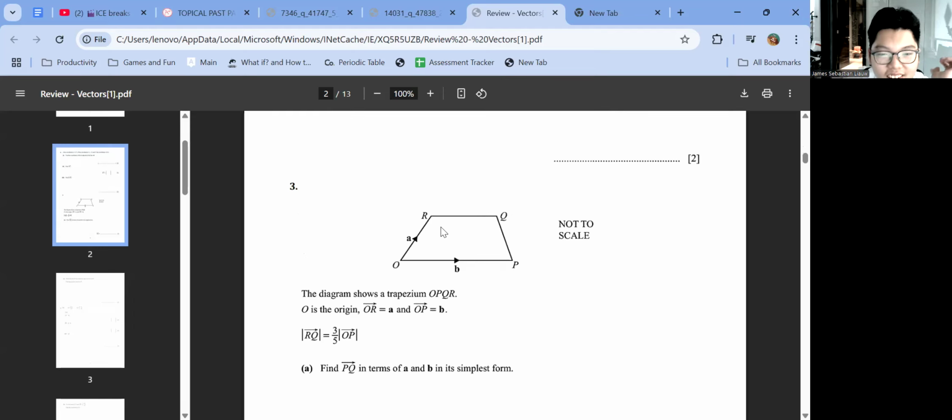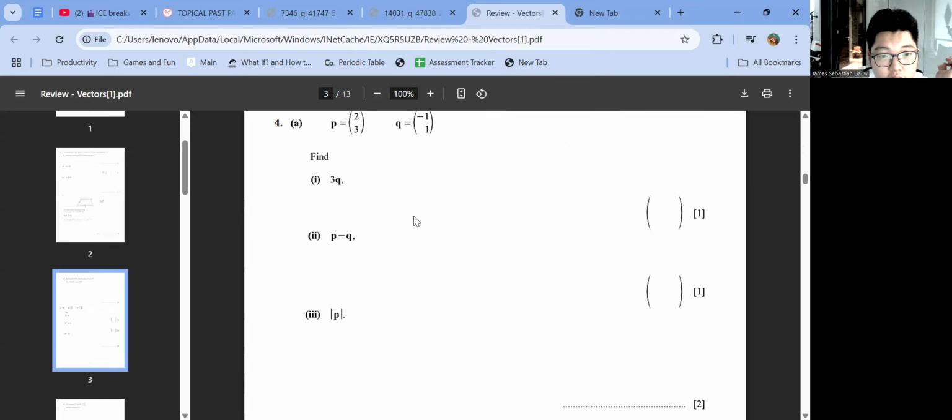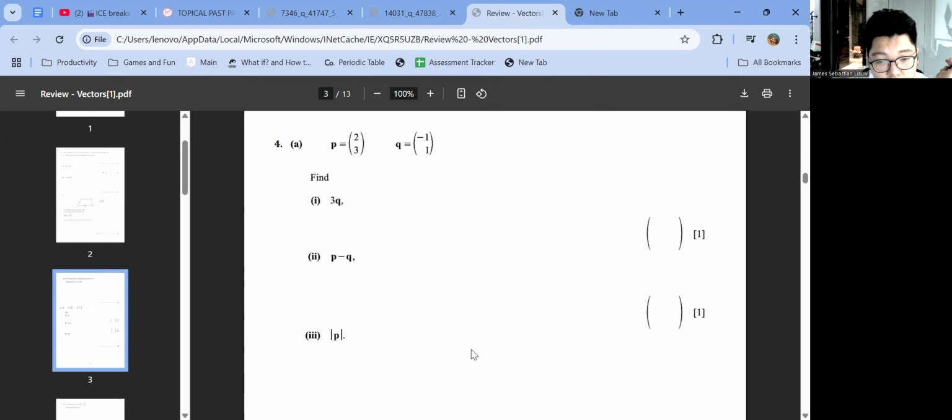Basically the whole idea of this type of question is that the vector is essentially the position vector from origin O. So let's take this example.